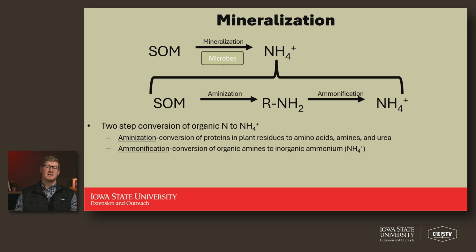Now this process is multiple steps, as you can see highlighted on the bottom. The first is that you go from that organic matter into basically an amino acid, and then that amino acid is converted into ammonium. But what I want to highlight here is for anybody who may use urea as a nitrogen source.